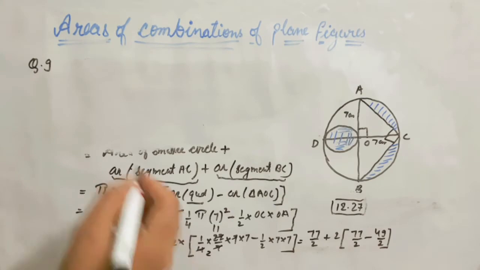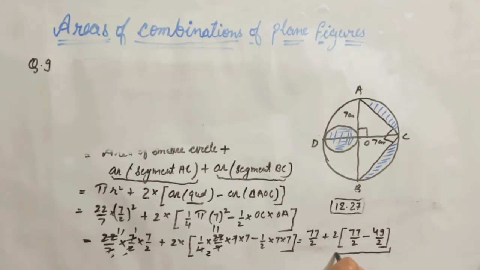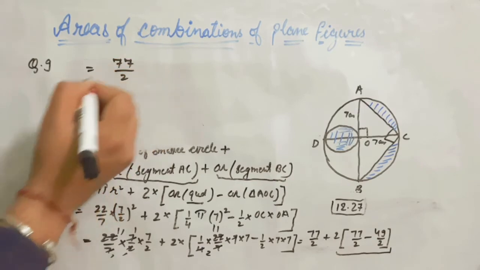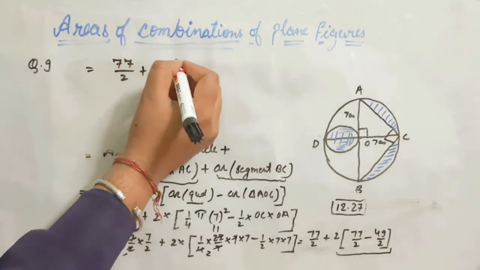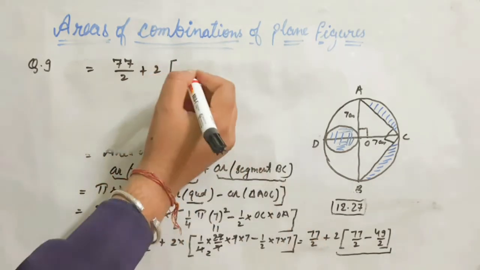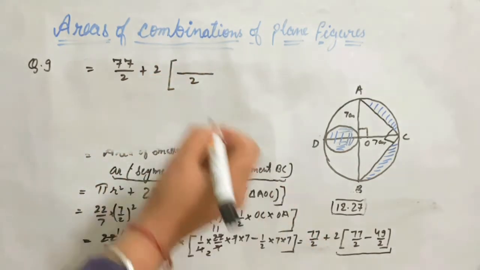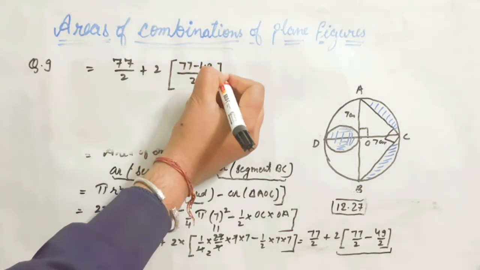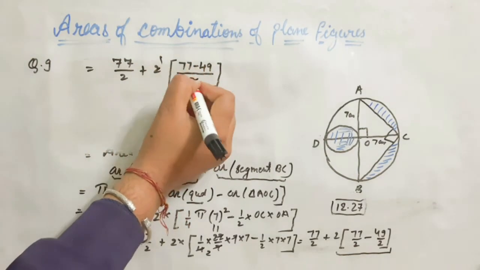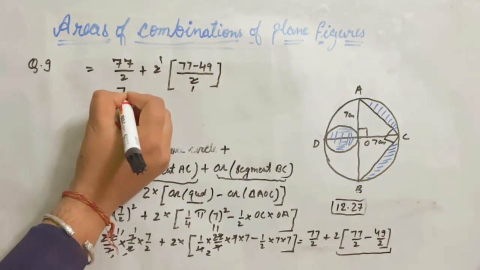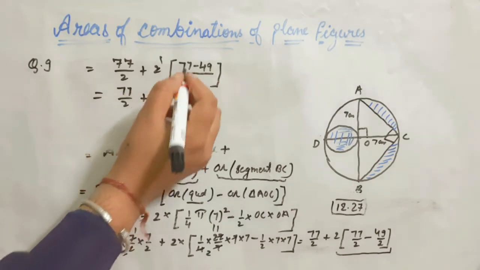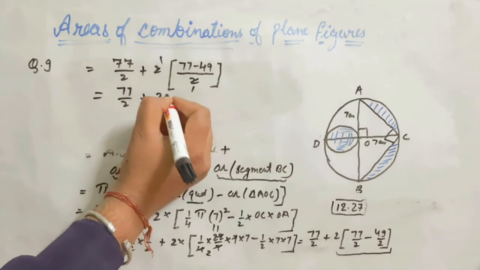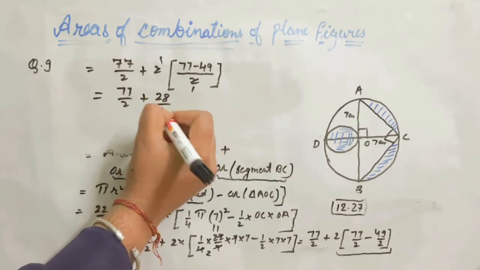This will be equals to, let us simplify inside the bracket first of all. This will be equals to 77 upon 2 plus 2 multiplied by, here LCM is 2 and numerators will be 77 minus 49. So 2 1s are 2 and this will be equals to 77 upon 2 plus 77 minus 49 will be equals to 28 upon 1.